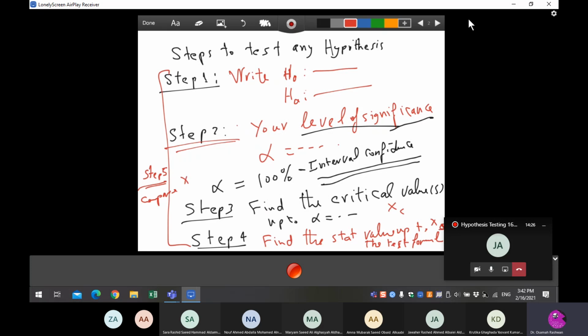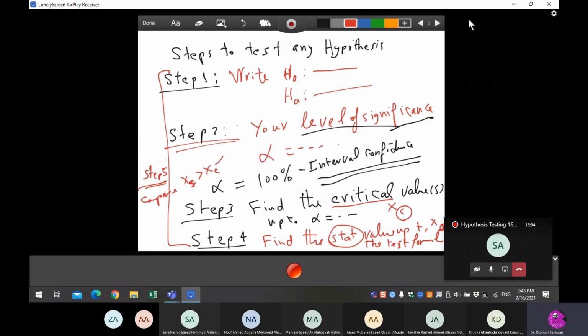So you compare XC with your XO. XC comes from the word critical, and the statistical value you call XO, right? So you compare the critical value with the statistical value.